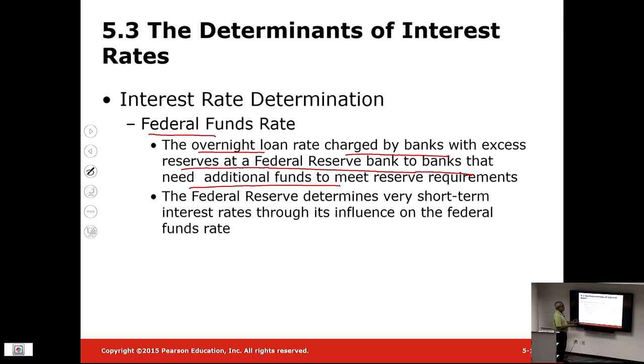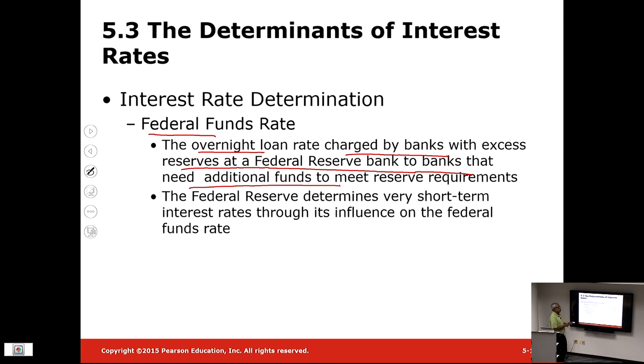So some banks will have extra cash, and some banks will have cash deficits. Thus, the banks with cash deficits will have to borrow funds from the banks with extra cash to cover the deficit temporarily, overnight. And this happens every day.